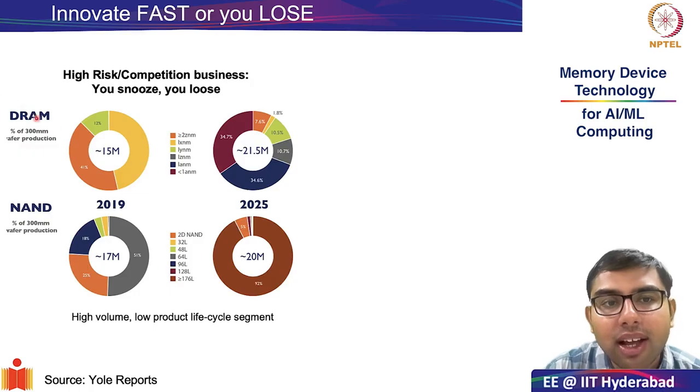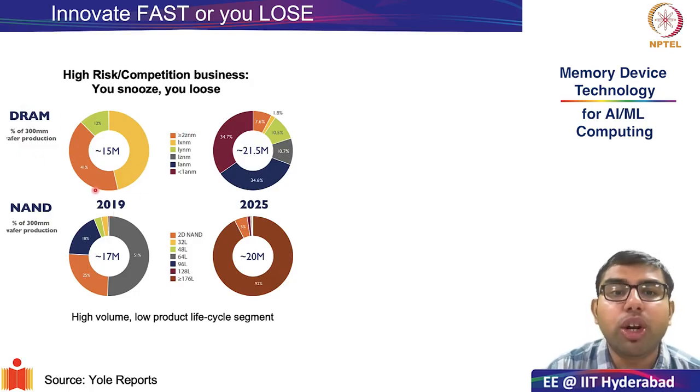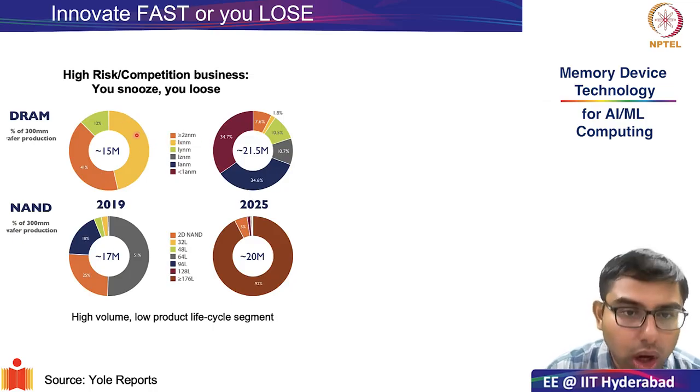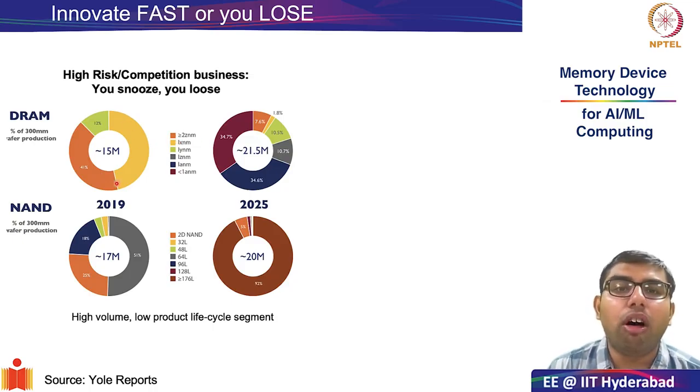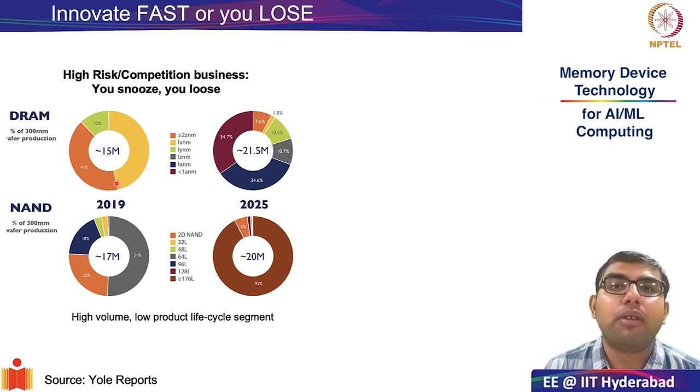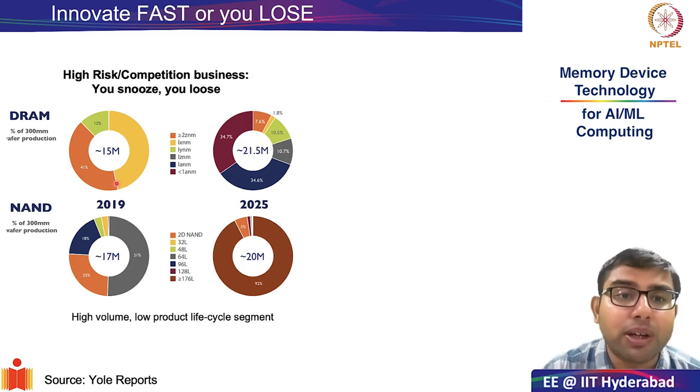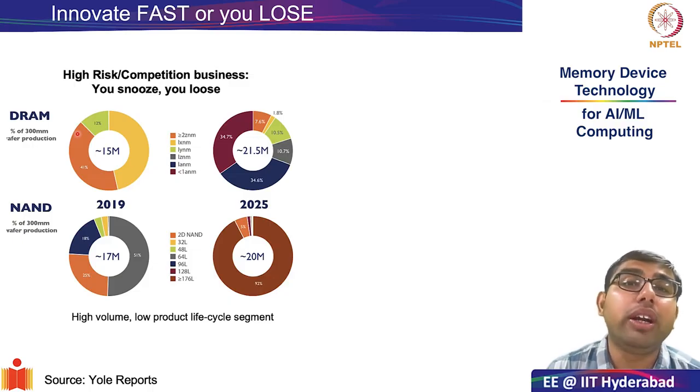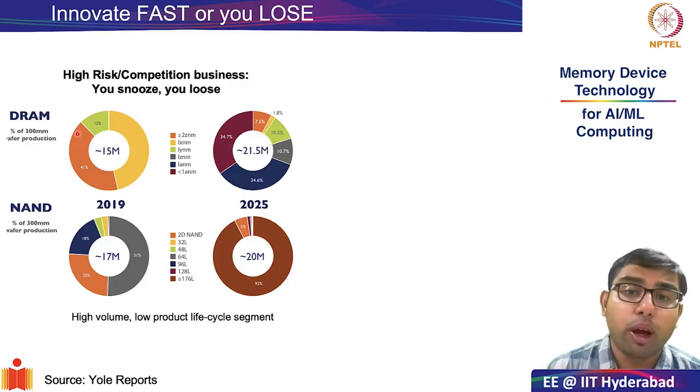Just look at what is happening in the DRAM technology nodes as a function of year. Just within 4 to 5 years, you see that the 1x node, which constituted close to 50%, or if you take the 1x node and the 2Z node, it was almost 90% of all DRAM chips that were fabricated.